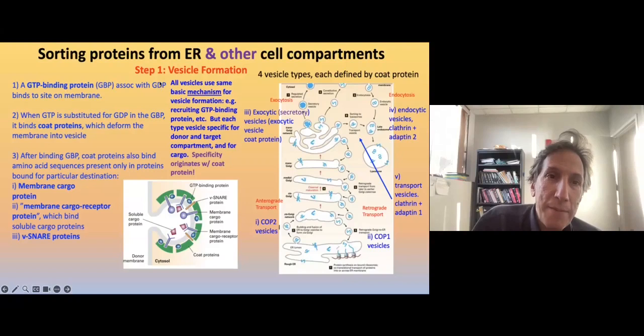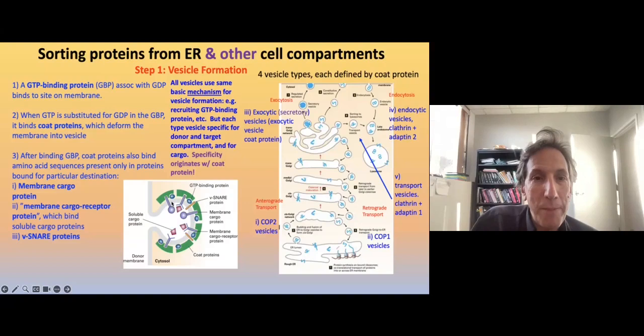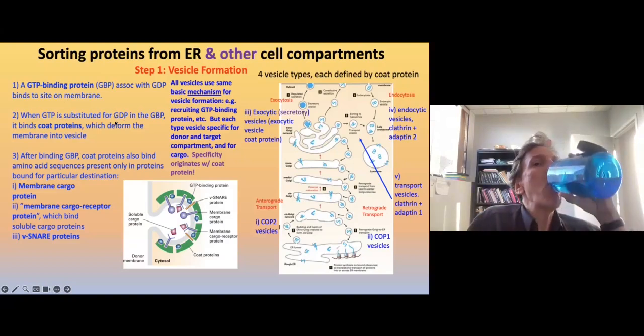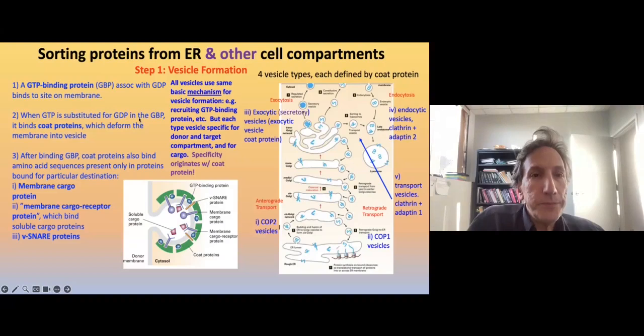And it's associated with GDP in the form where it binds to the membrane, but then it gets GTP substituted in for the GDP and changes conformation, still bound to the membrane. And that's shown here as these little blue ovals.